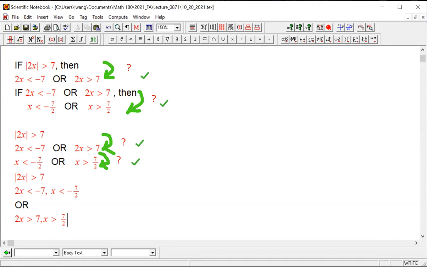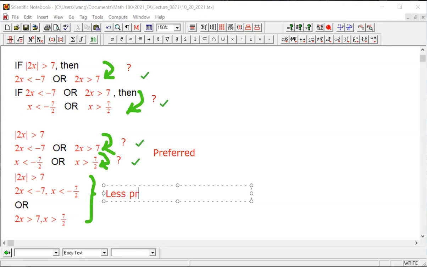This piece is preferred, and this piece is less preferred. When you read it left to right, top to bottom, it's awkward. Do you agree with me?